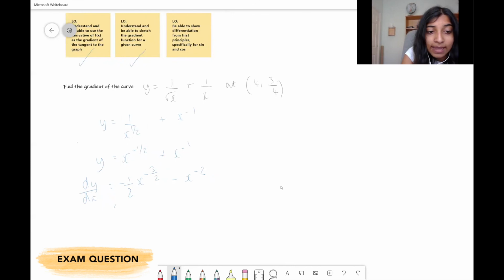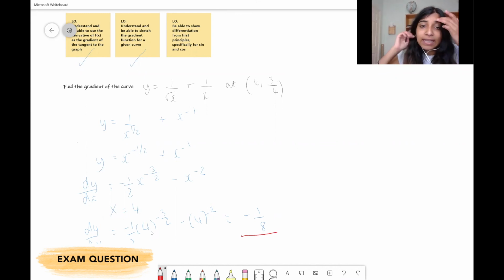So at x equals 4, dy over dx is equal to minus a half times 4 to the power of minus 3 over 2, minus 4 to the power of minus 2. And if you plug this into your calculator, you should get that dy over dx is minus 1 over 8. And that's your answer to this question.